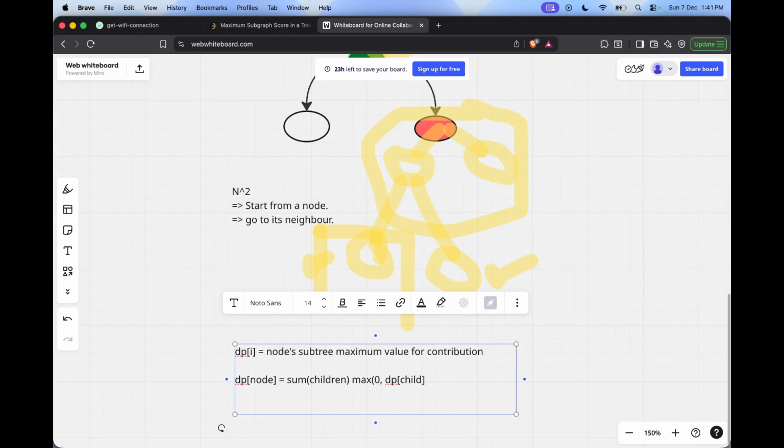If a child contributes positively, it is good that we get some positive number added to our maximum value. If it is negative, no need to consider it, because it reduces our maximum value. And this node needs to be included itself. So if this node is good, then add 1, else add -1. So it is easy to calculate DP at I using this recurrence.